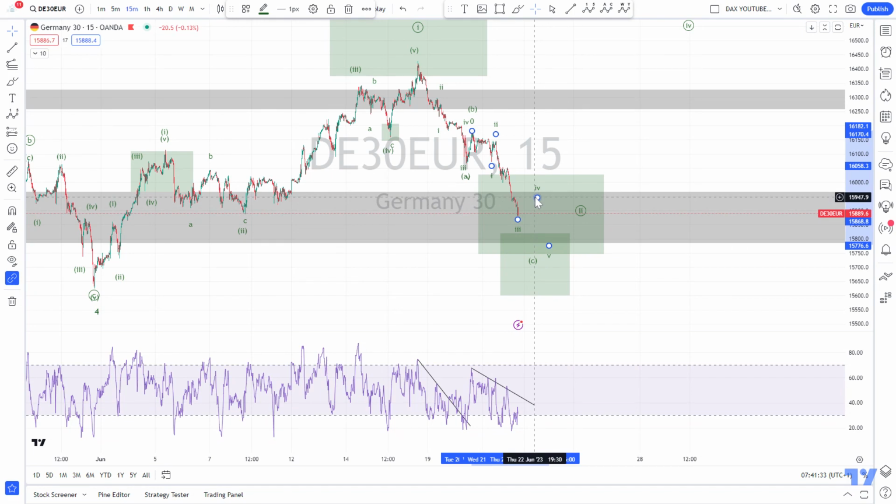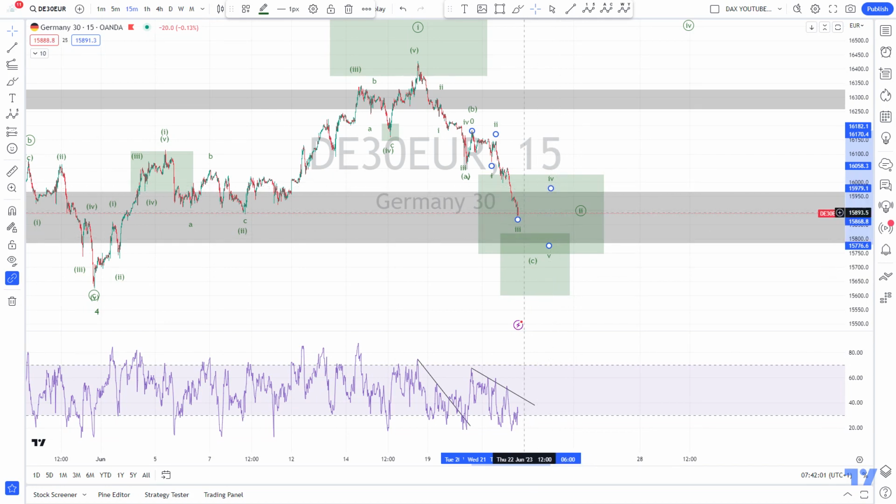Maybe, yeah, this way forward, but then you really have to trade the 5 minutes. If you have an ABC here in the 5 minutes, you can short it. So like A, B, C, something to the upside, your wave 4, and you short this area then for your final leg to the downside, to the 5.